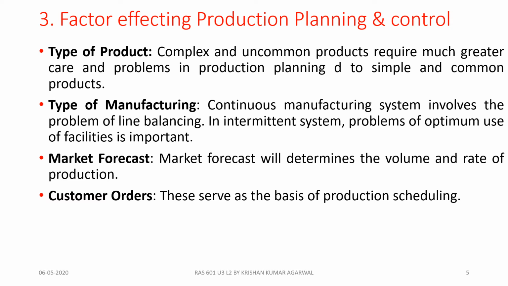If they are producing a seasonal product, then obviously they have to plan accordingly and anticipate the demand from the market before the arrival of the season. All these factors affect production planning as well as controlling.